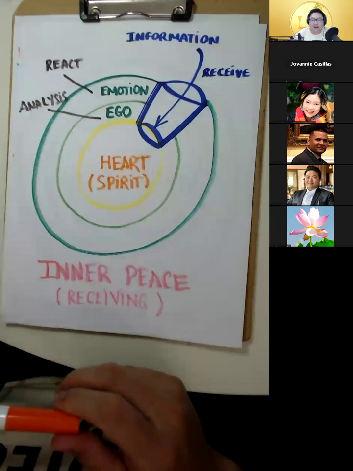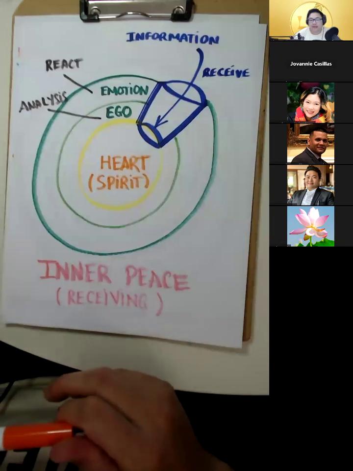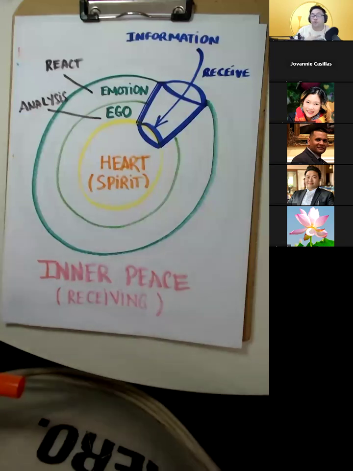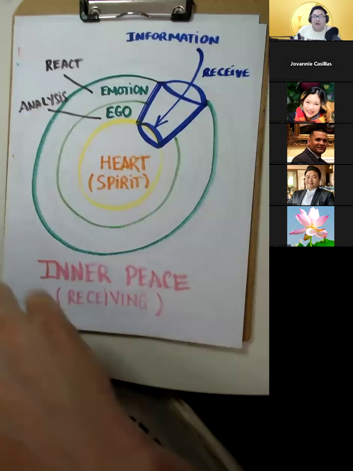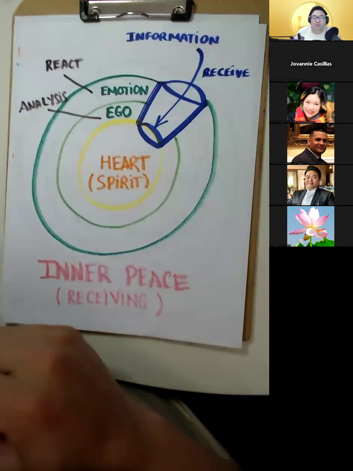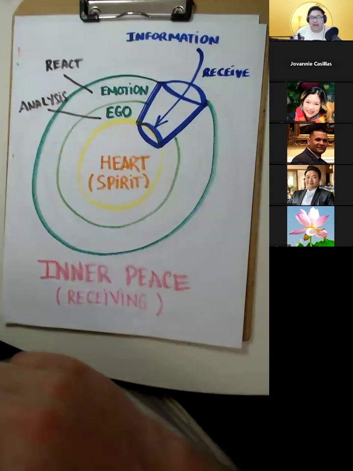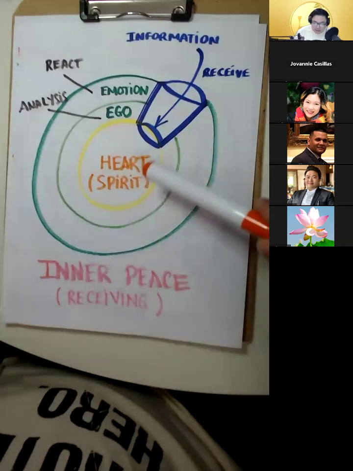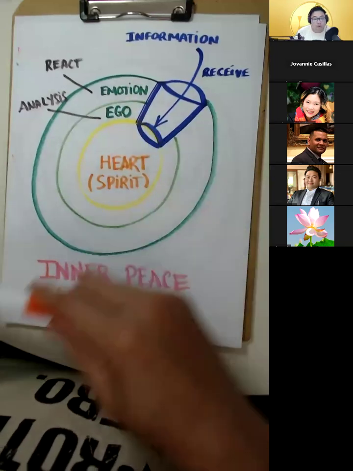Inner peace is the state of inner perception that originates from the genuine truth within oneself, arising from listening, seeing, speaking, and knowing without attachment to the layer of ego and emotion.